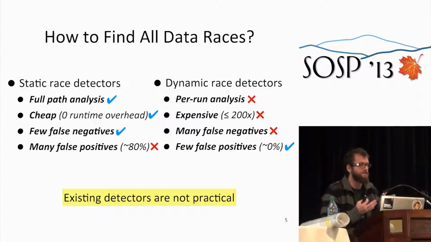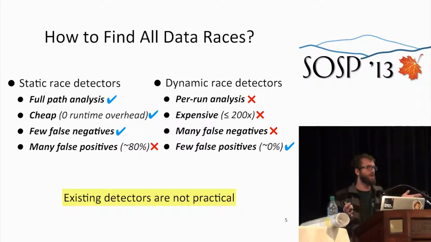So if data races can be potentially disastrous, how do we find them? Well, the answer is we use data race detectors to find them. And broadly speaking, there are two main kinds of data race detectors. Static detectors use abstraction, and therefore they're fast. They analyze all program paths, and therefore they have few false negatives. There is few missed real races.